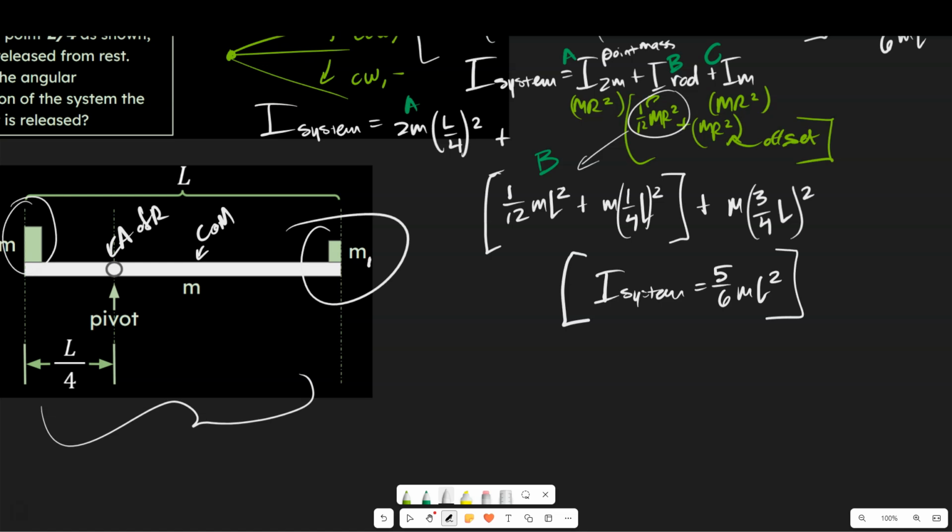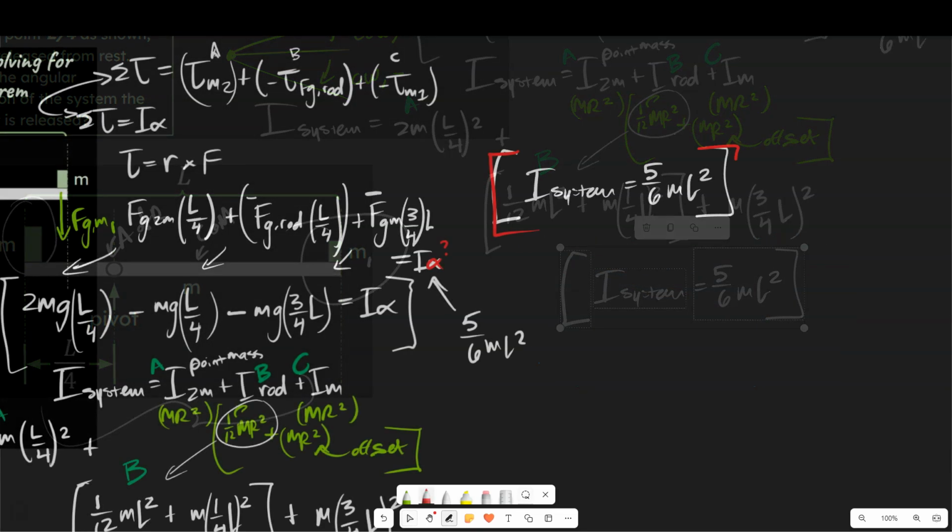And if you have something that's offset, you have to use the parallel axis theorem to make that happen.